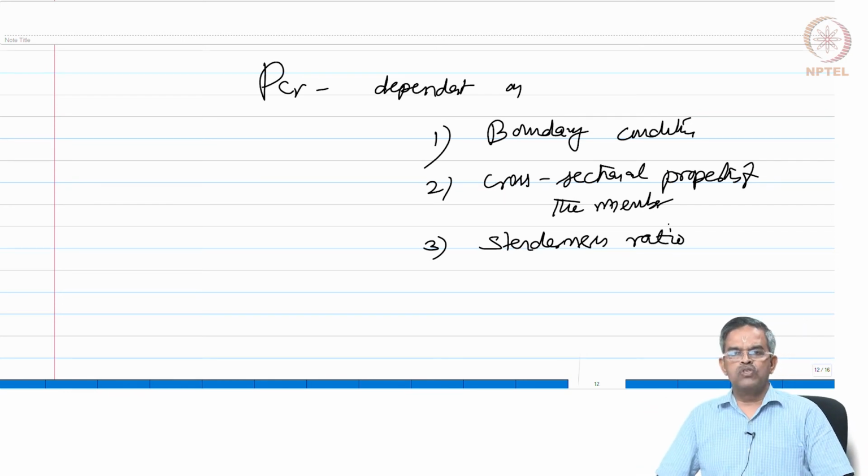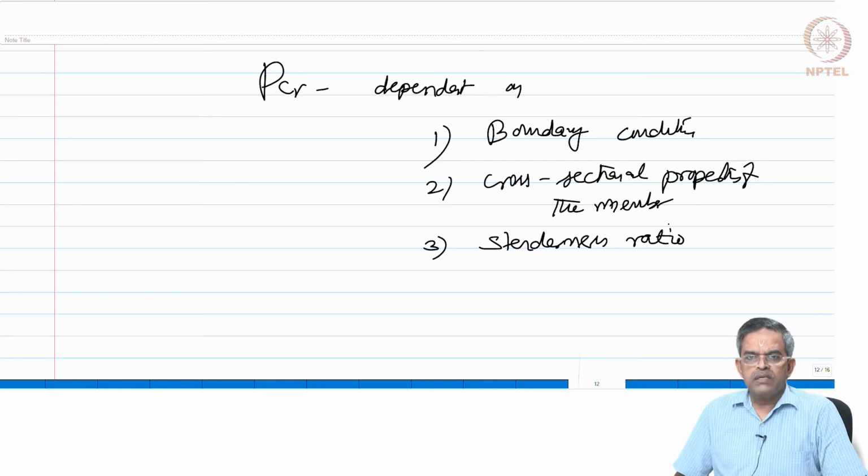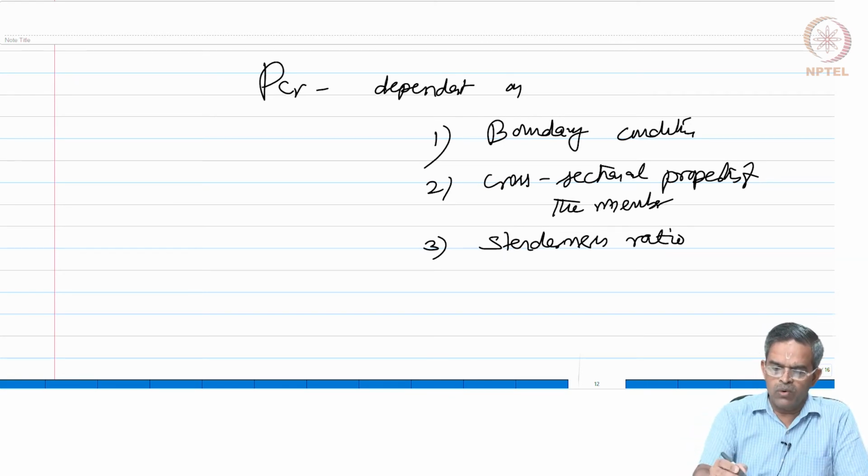I believe all of us know how to estimate a slenderness ratio for a given structural member.